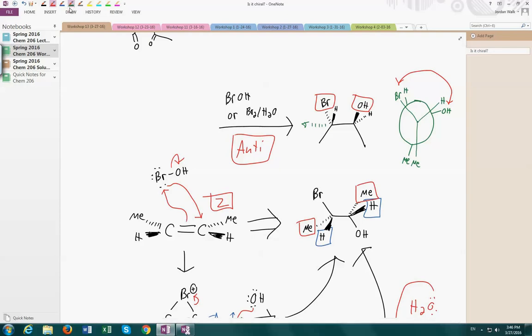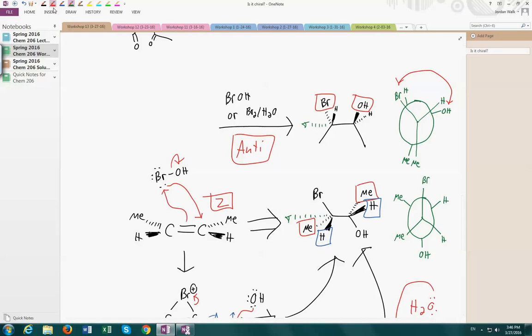And so what we've essentially done is, down here, if we were to draw a Newman projection for this picture, what we've got is our bromine straight up, our hydroxyl group straight down, and that'll be hydrogen, methyl, and then right here we've got hydrogen, methyl.